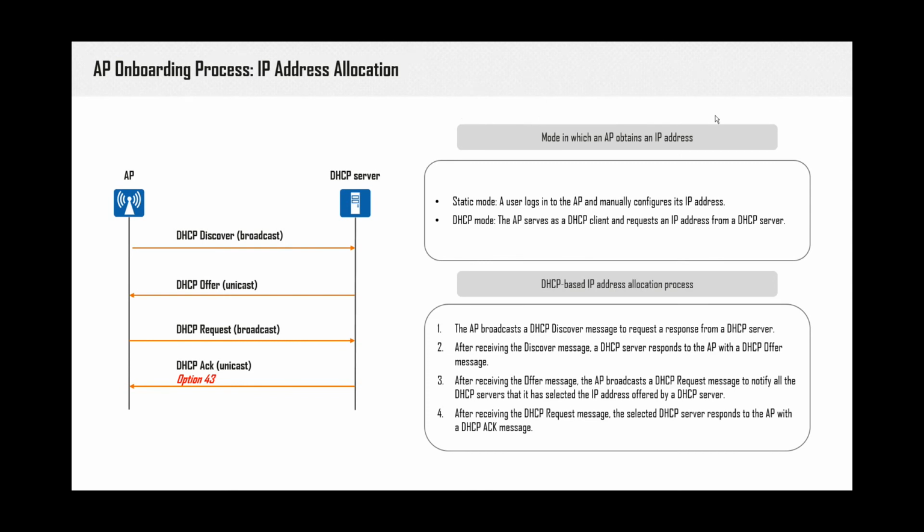The second question: what would be applied if an AP cannot discover an AC in broadcast mode in a layer 3 network?